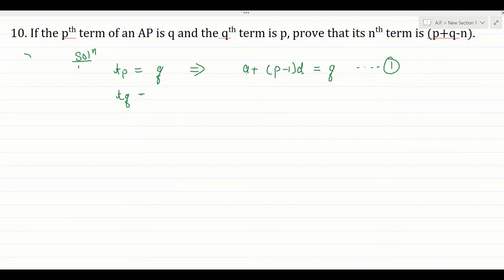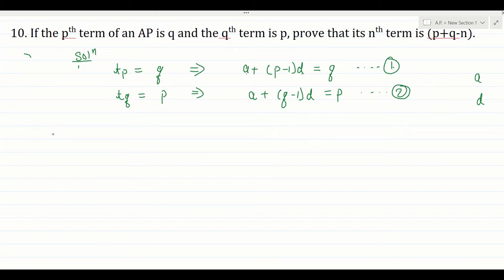Okay. Similarly, question has given tq. The qth term is p, which implies a plus (q − 1)d is equal to p. This is equation 2. Now we will solve equation 1 and equation 2 to get the value of a and d. Is this clear? Okay. Now let's try to get the value of d first of all.